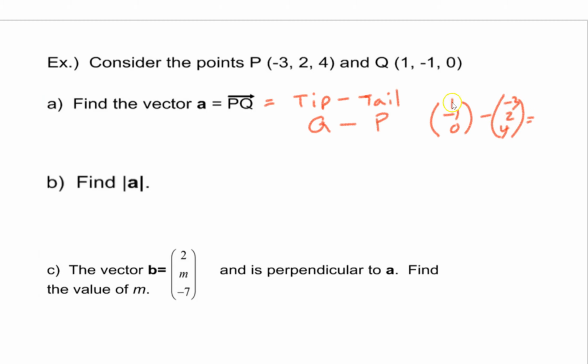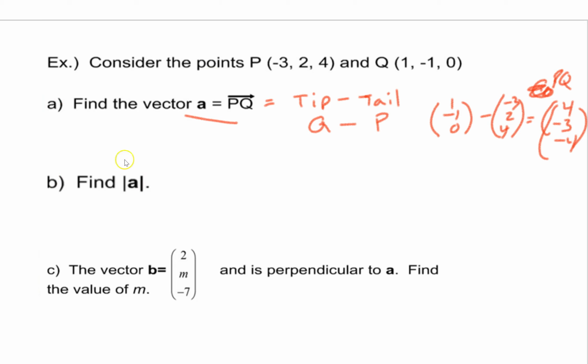You just subtract like terms. 1 minus negative 3 makes it a positive 4. 1 minus 2 makes it a negative 3. 0 minus 4 is a negative 4. So that's my vector PQ: 4, negative 3, negative 4. And in this case, they also label it A. So A and PQ are the same thing.